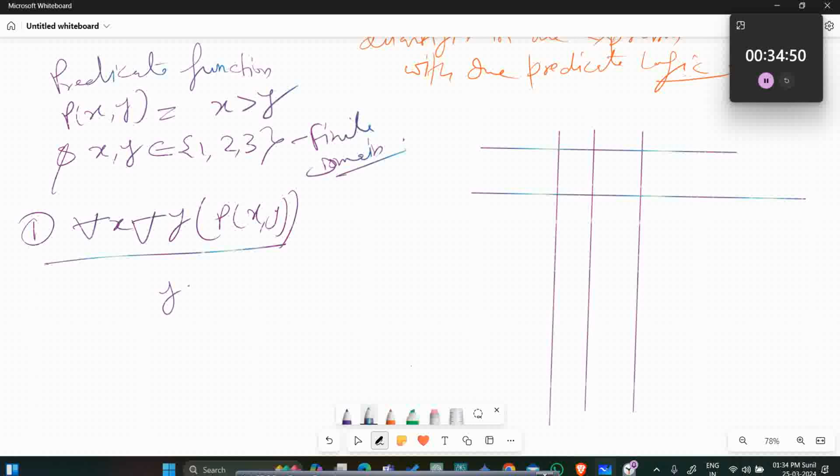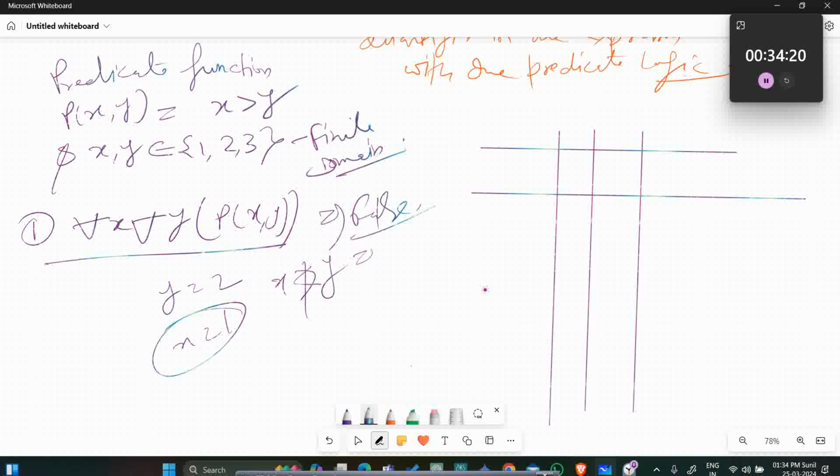Let's say y is equal to 2 and x is equal to 1, then x greater than y does not hold. This is false.